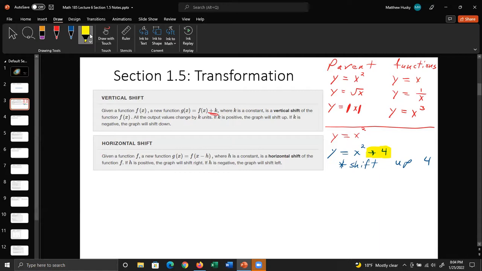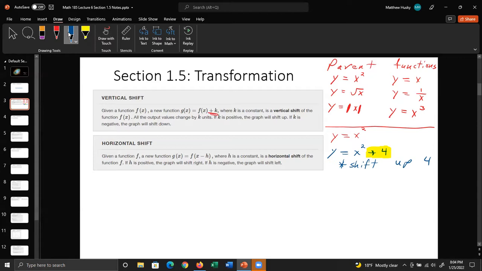And that's applied to the y because it's applied to the entire function. The reason it's a vertical shift, the y is vertical, y moves up and down. So if you're adding something to the whole function y, that means you're moving all the y values up by 4.